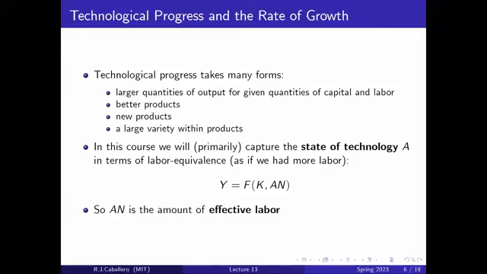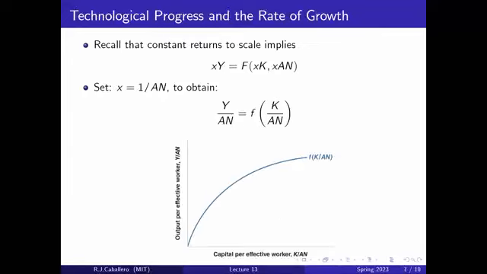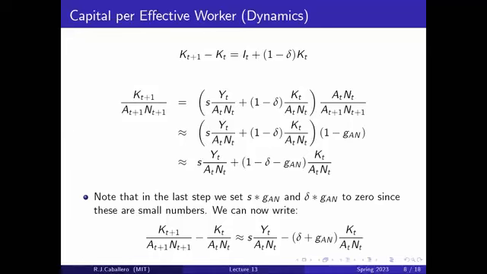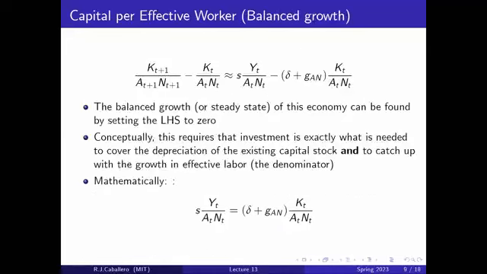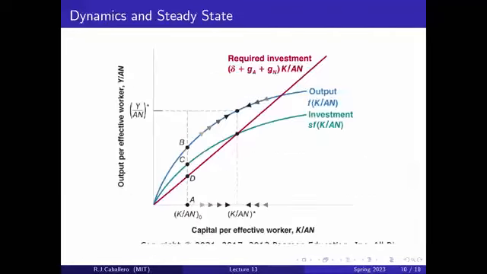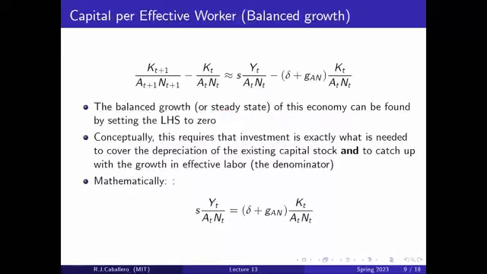You can use exactly the same diagram we had before, but now our scaling factor, rather than being 1 over population, is going to be 1 over effective population, effective workers, 1 over AN. And you conduct exactly the same analysis, you do exactly the same approximations I did before, but the difference now is that here you have, rather than GN, you have GAN.